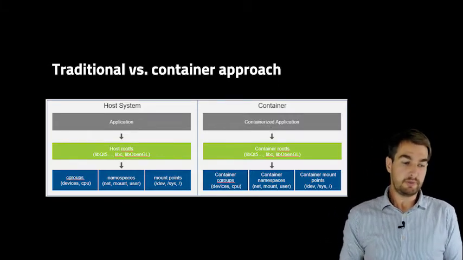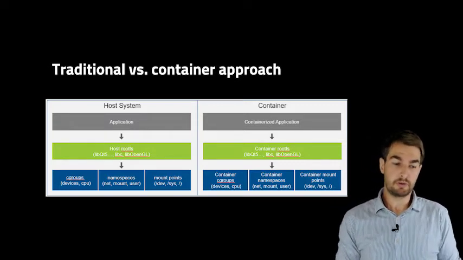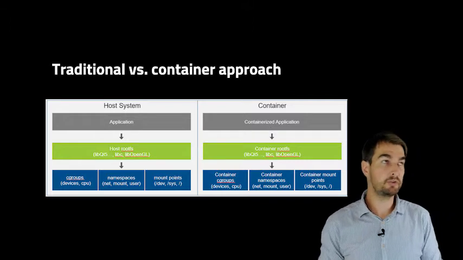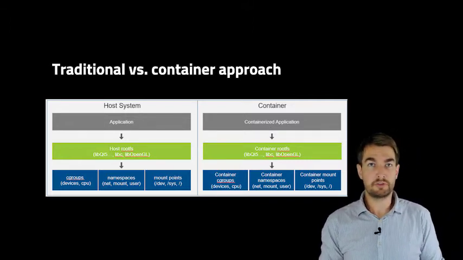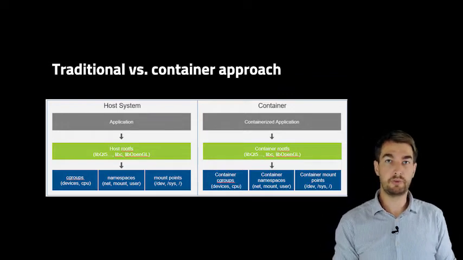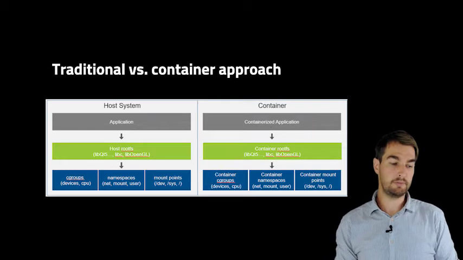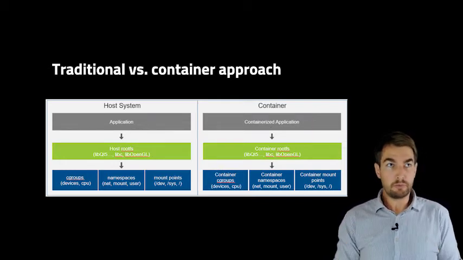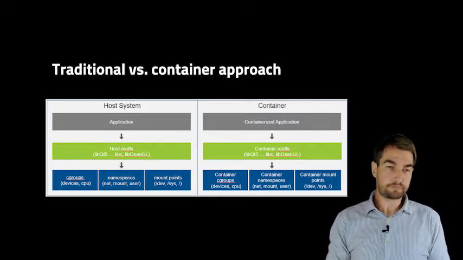What is the difference between a traditional approach when you develop or write an application compared to the container approach? The traditional approach just runs an application on top of the host system, so it uses the same libraries, it uses the same mount points and so on as the host system.